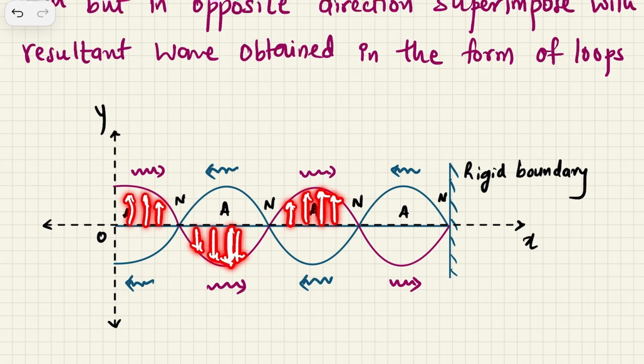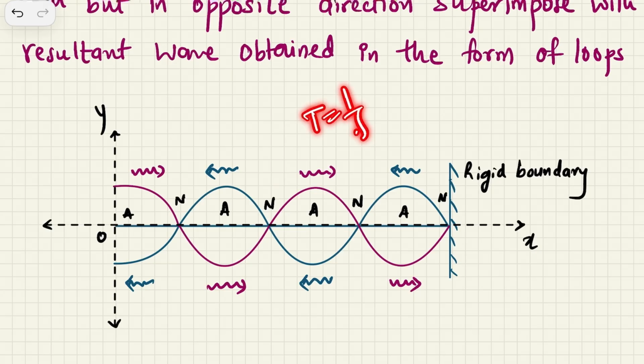So if this takes, let's say, half a second or 1 second to come down, this will also take 1 second to come up. So the time period remains the same. The amount of time required for one complete vibration will remain the same. Because time period and frequency are reciprocals of each other, if the time period is the same, the frequency would also remain the same. Now that is for time period and frequency, but the speed of the particle may be different.